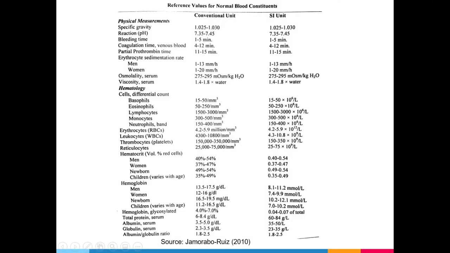So kani components sa CBC. Okay, example sa components sa CBC. We have the hematology, complete blood count man. So tanan nga components sa blood kay gina-measure. Like we have the white blood cells, basophils, eosinophils, monocytes, and neutrophils.